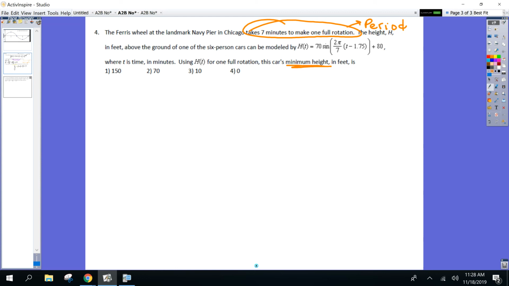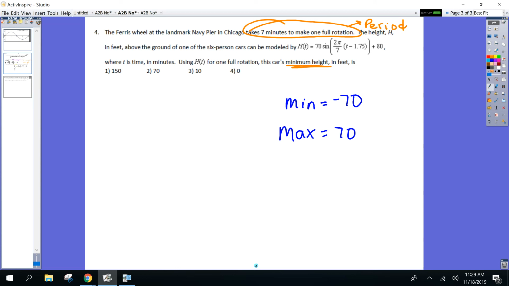Before the vertical shift of up and down, what was my min and my max here? Cover up that plus 80. What did I go up and down to? Up to 70, down to negative 70, but I'm not circling that.